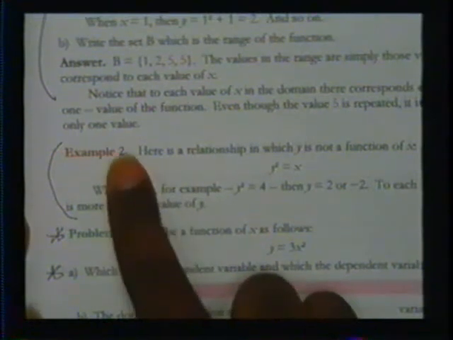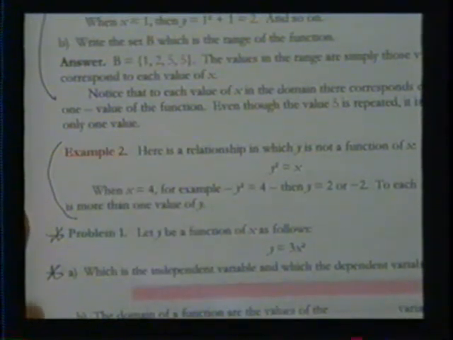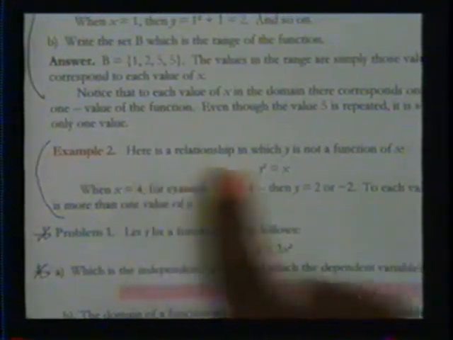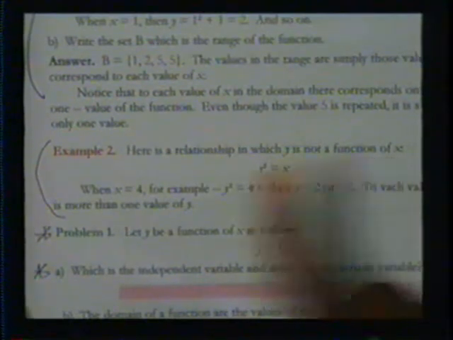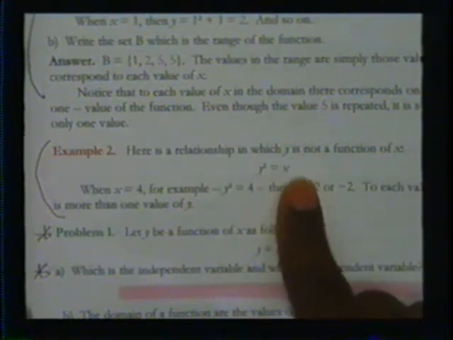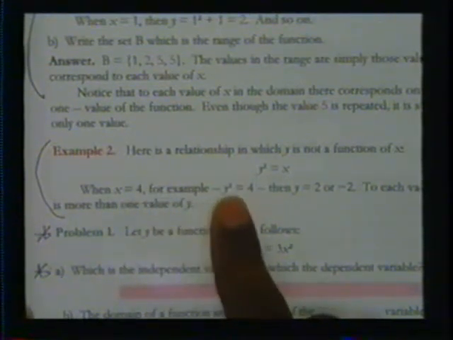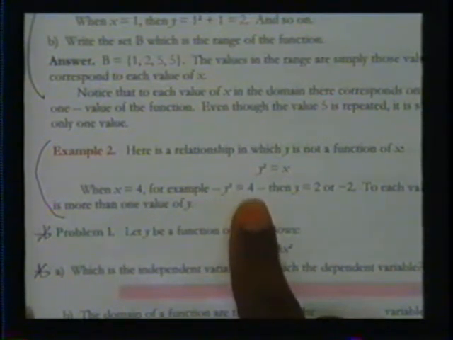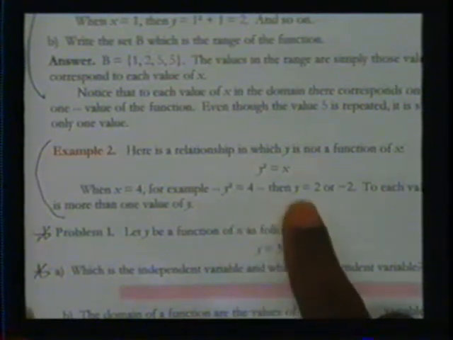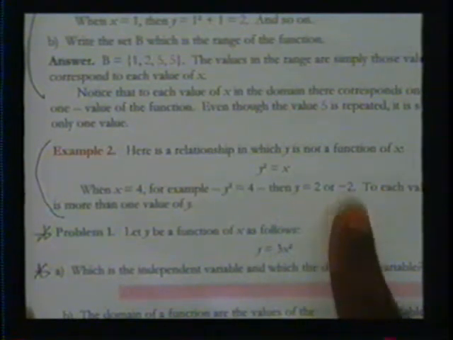Let's get down to problem 1 here. Oh, I'm sorry. Let me do example 2 first. It says here's a relationship in which y is not a function of x. Y squared equals x. When x is 4, for example, y squared is equal to 4. Then y equals 2 or negative 2.